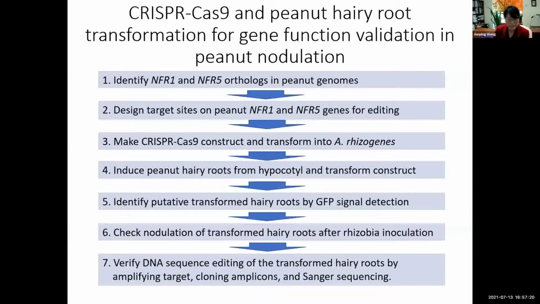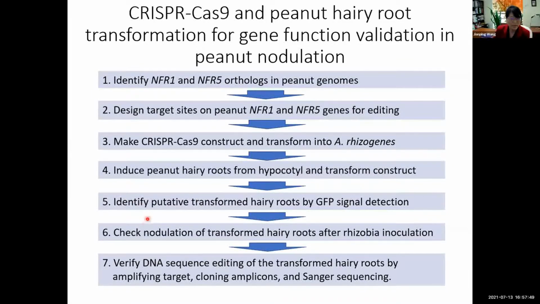It goes through 7 steps. We identify the orthologs of those two genes in the peanut genome, then design the targets for editing, and make the construct to transform into Agrobacterium rhizogenes first. Then we induce peanut hairy roots from the hypocotyl and transform the construct into the hairy roots.